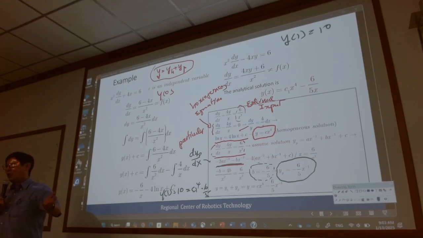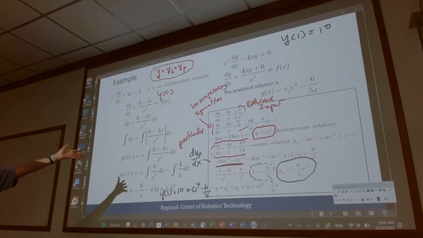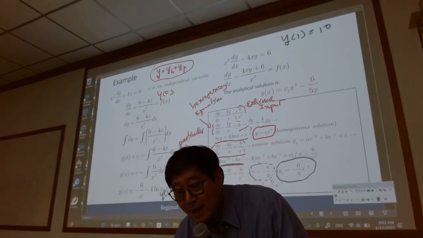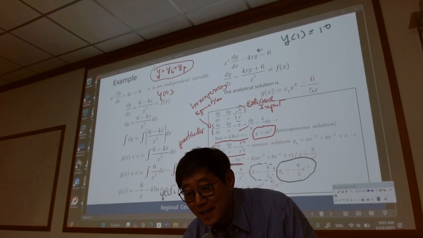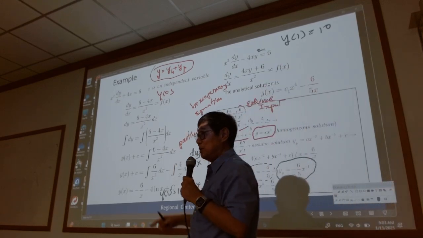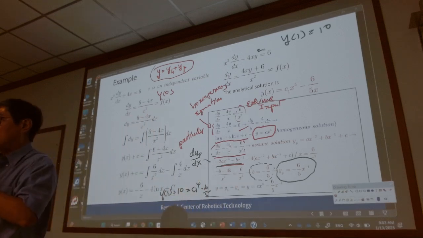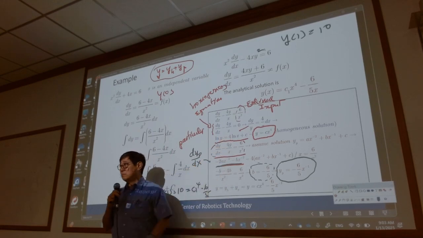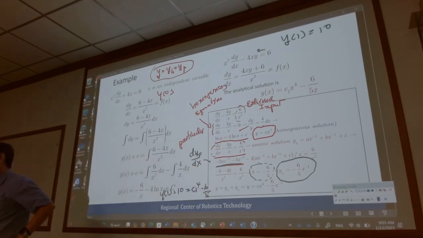So normally we use superposition in this case because it's linear. If you have y to the 2, no, this method cannot be used, it's much more difficult now.